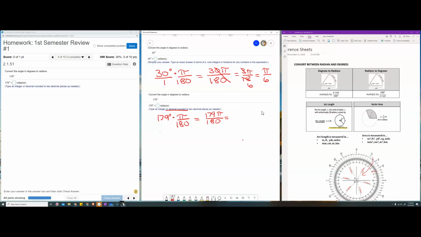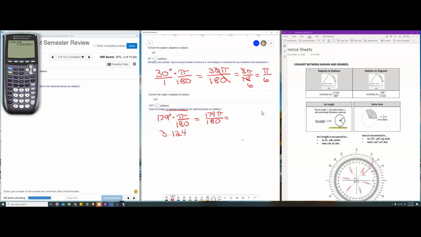So I got 3.124, and that 4 says leave the 2 alone, don't round up. So this will round to 3.12.